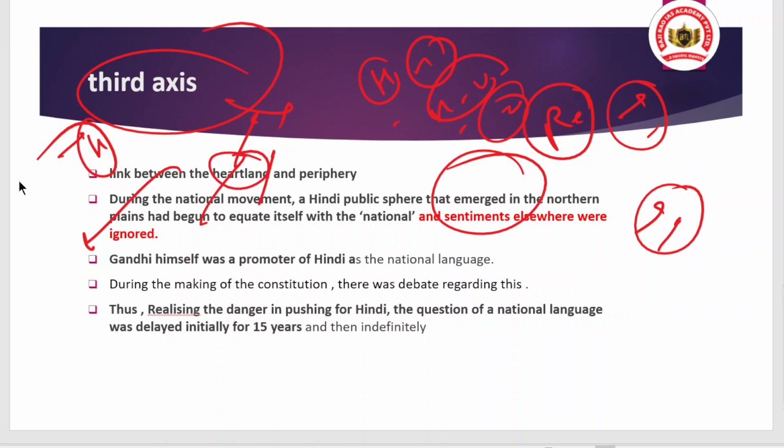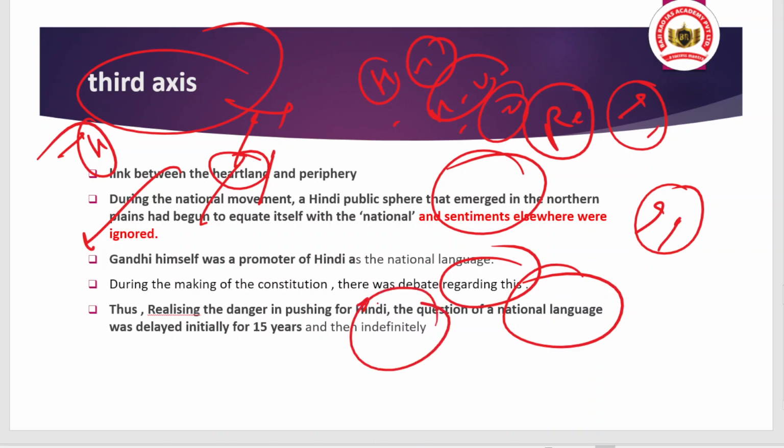In the Constitution there was a debate regarding this issue, and realizing the danger in pushing for Hindi, the question of a national language was delayed initially for 15 years and then for an indefinite period.